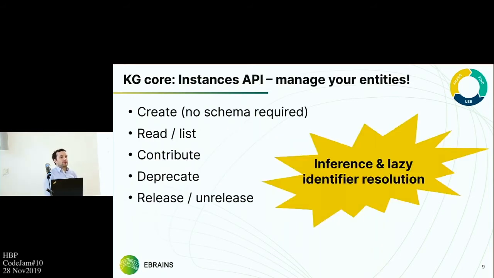The instances API, this one is mostly there for people who want to get stuff in. So basically, what you would expect, it's CRUD, right? So you can create stuff. A very important thing here is that we don't necessarily need a schema. If you have been ingesting data into the knowledge graph via the Nexus API, you always had to create these schemas and so on.